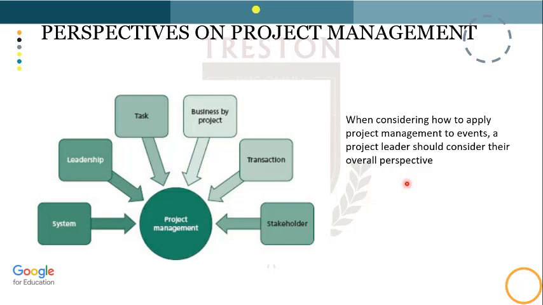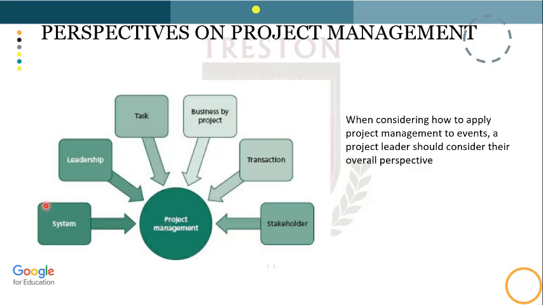Next, we have perspectives on project management. When considering how to apply project management to events, a project leader should consider their overall perspective. If you're the leader, you have a lot of hats that you should wear.